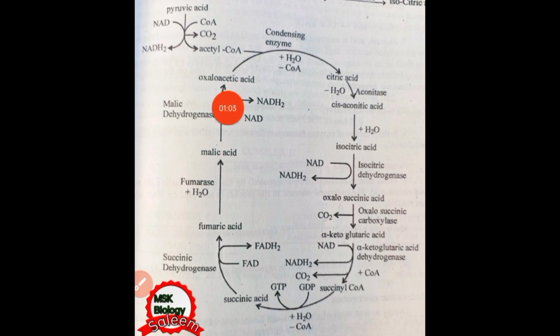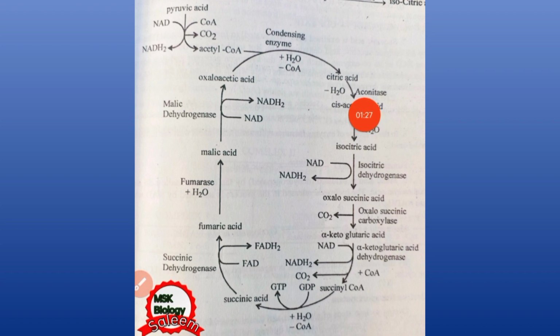It reacts with oxaloacetic acid and is converted into a 6 carbon molecule, and this 6 carbon molecule is called citric acid. Hence, this cycle is called the citric acid cycle.